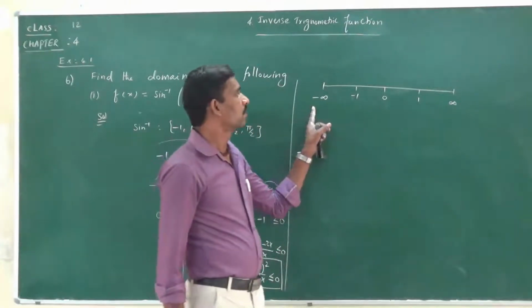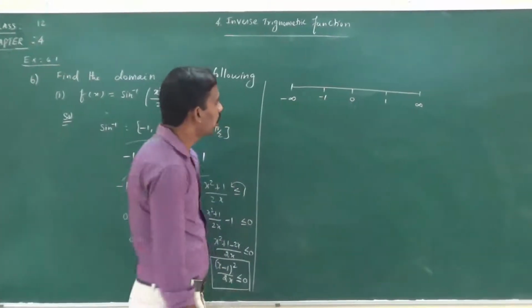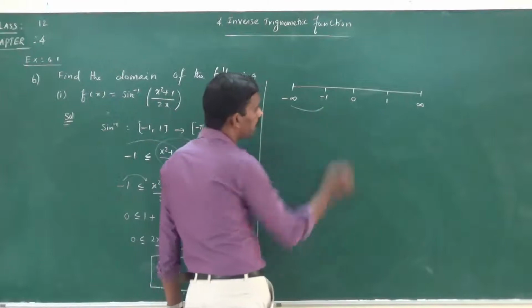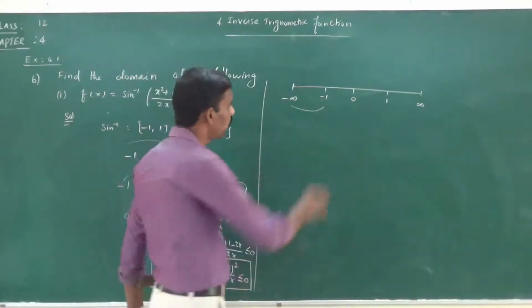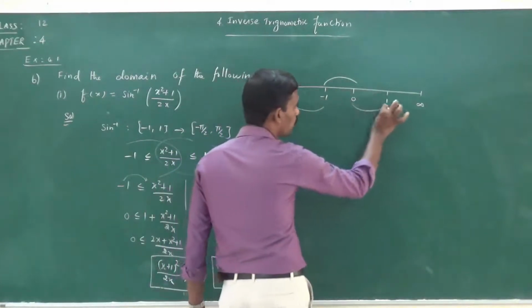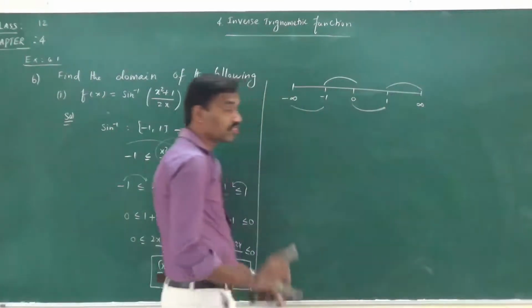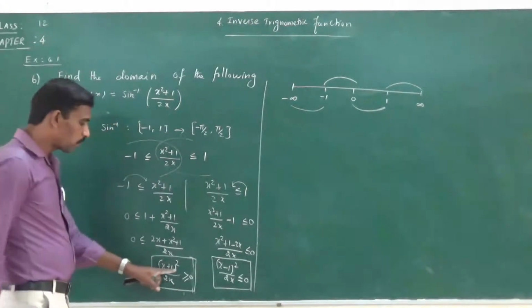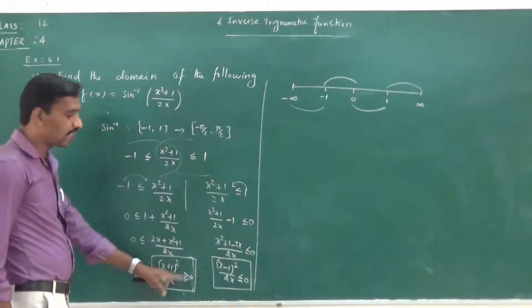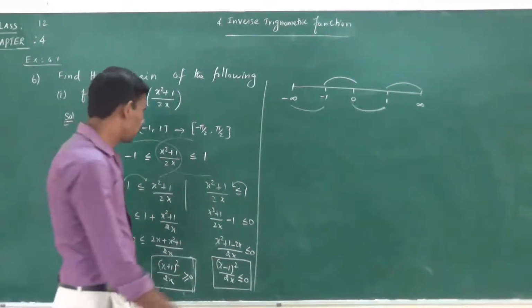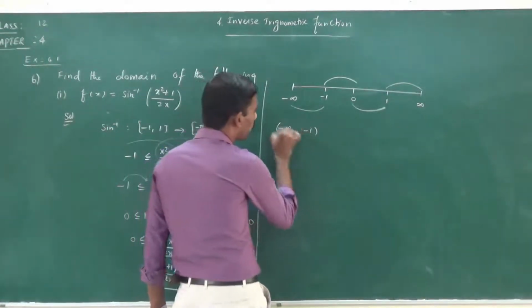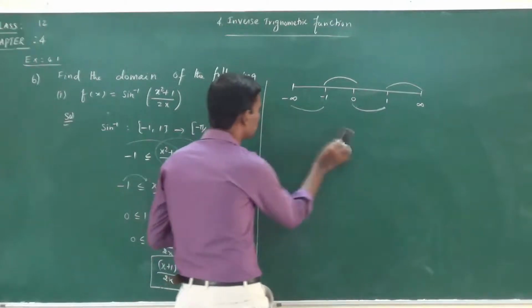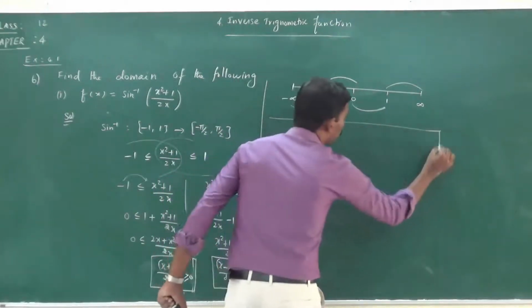Now see, the intervals are there, and we choose any number in between: minus infinity to minus 1, minus 1 to 0, 0 to 1, and 1 to infinity. Check whether (x + 1)²/2x is greater than or equal to 0 or not. Just pick the interval minus infinity to minus 1. Okay, just draw a table here.